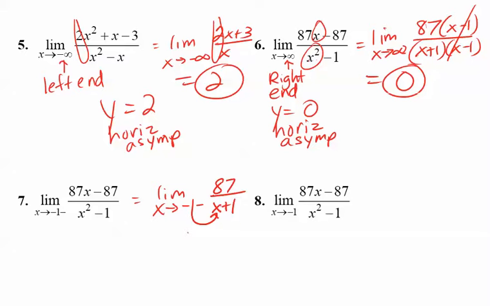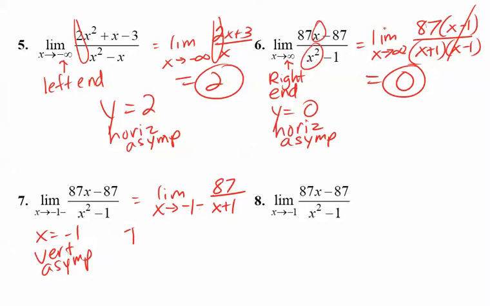And -1 is not the common factor. That's a vertical asymptote. So now we know our answer is next to the vertical asymptote. So x equals -1 is our vertical asymptote, so our limit close to the vertical asymptote is either positive or negative infinity.